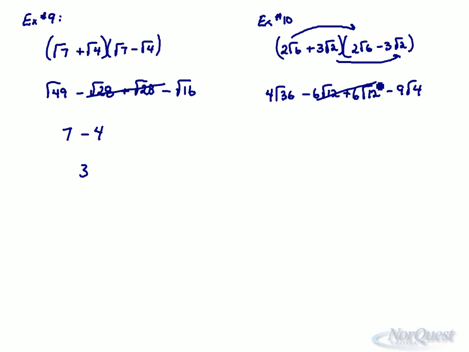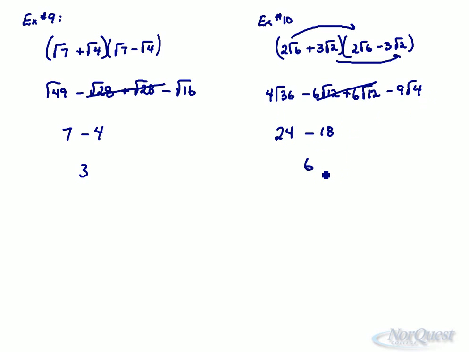Again, those middle terms add to 0. That's why FOIL will never go wrong, but you can save yourself a little bit of work because the square root of 36 is 6 times 4 is 24. Square root of 4 is 2 times 9, which is minus 18. 24 minus 18 is 6. You always get a rational number.